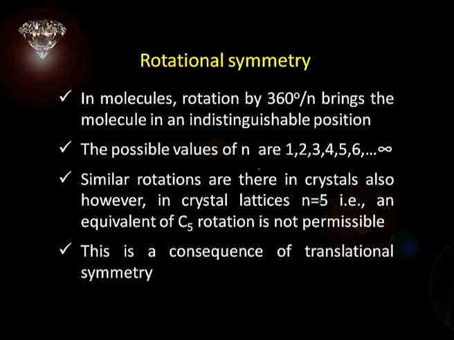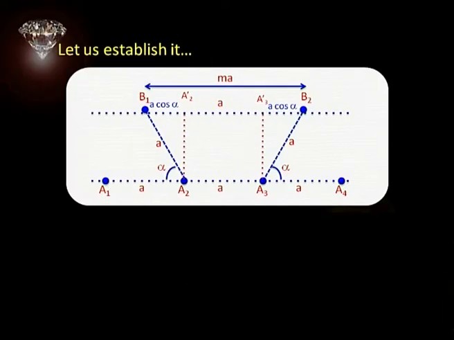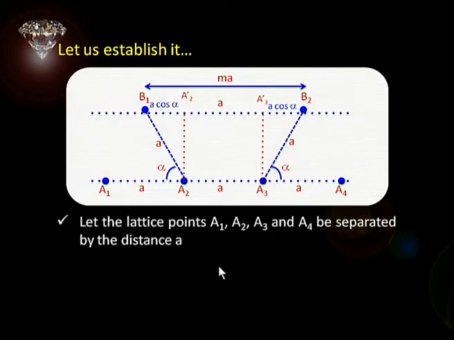This actually is a consequence of translation symmetry. Let us try to establish why the crystals do not show a C5 rotational axis. Let us begin by looking at a lattice. Let us take about 4 lattice points: A1, A2, A3, A4, and A is the repeat distance between them.